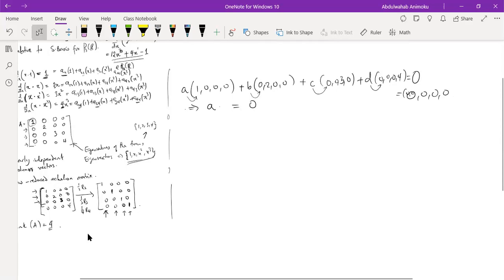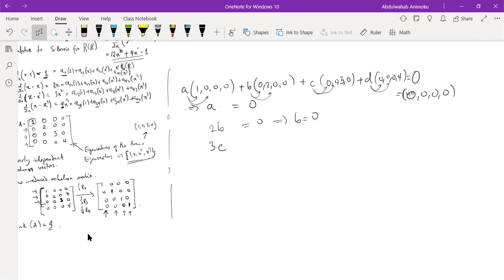The same thing for the second component: A times 0, B times 2, so I have 2B plus C times 0 plus D times 0 must be equal to 0, which means B must also be equal to 0. I will do the same thing for the third component. It means 3C must be equal to 0, means C is 0, and then 4D must be equal to 0, which means D is equal to 0.